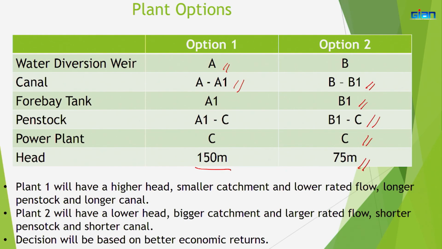And then your plant will have a certain cost. Your diversion weir or dam will cost, your canal will cost, your forebay tank will cost, your penstock will cost, your powerhouse will cost, your turbines and generators and the other electrical equipment will cost. If you have a step up transformer, that will have a cost, and if you have an interconnecting transmission line, that will have a cost.